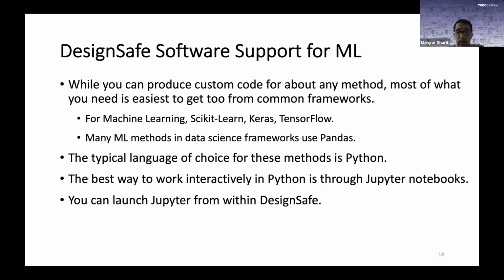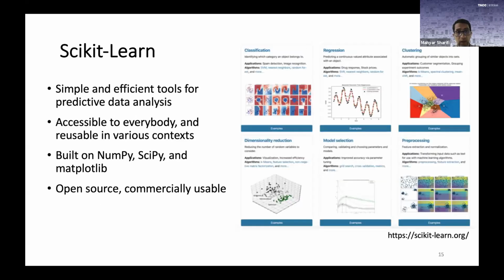Also, Pandas is a great data processing framework that is used in Python. The typical language of choice is usually Python, and the best way to work interactively with Python is through Jupyter notebooks. You can launch Jupyter from within DesignSafe.